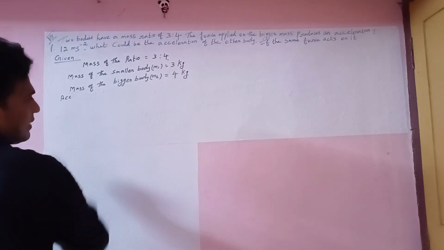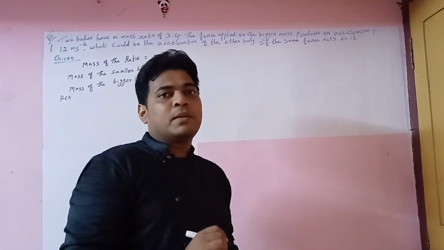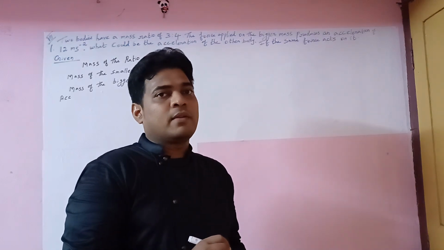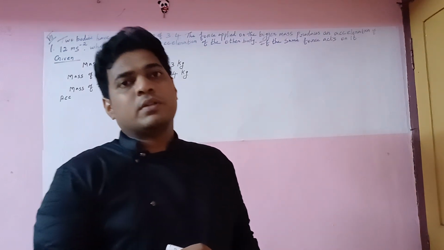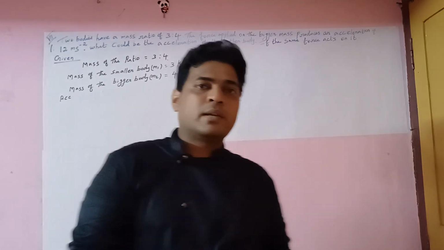What is acceleration? Change in velocity by time. What is the value of acceleration due to gravity on the earth's surface? 9.8 ms power minus 2.